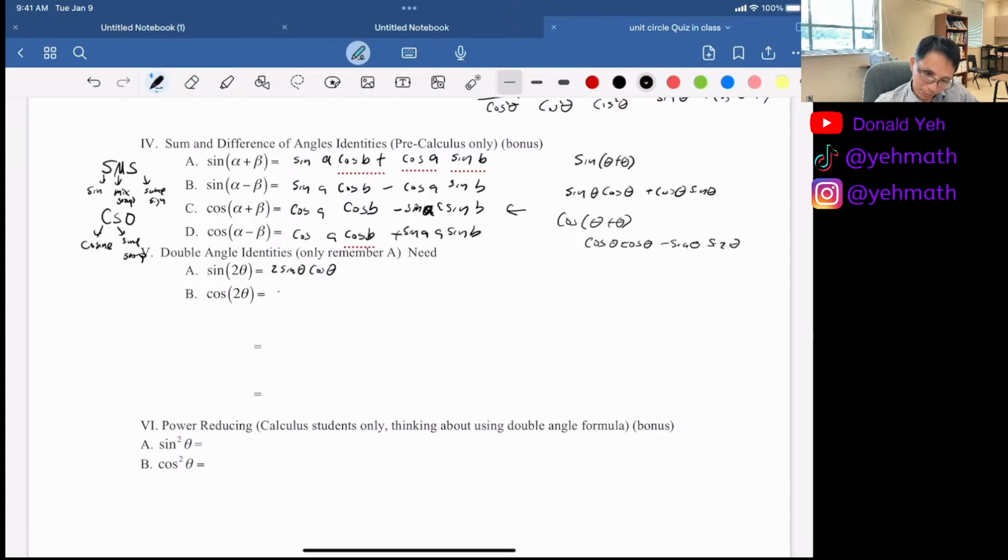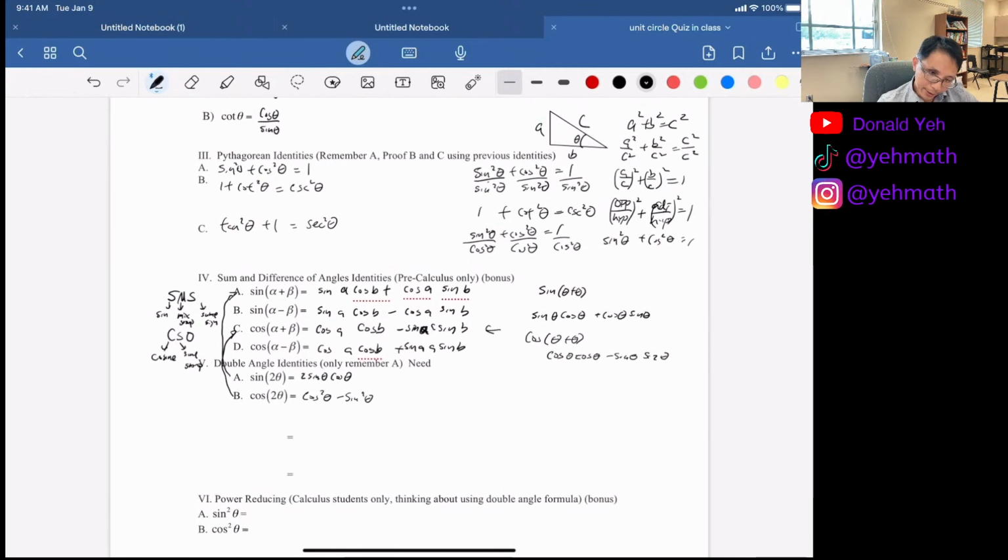So you come out with cosine squared theta minus sine squared theta. They are related from the sum and difference. They're not coming from nowhere, they're coming from before. It's just assuming theta plus theta instead of A and B.